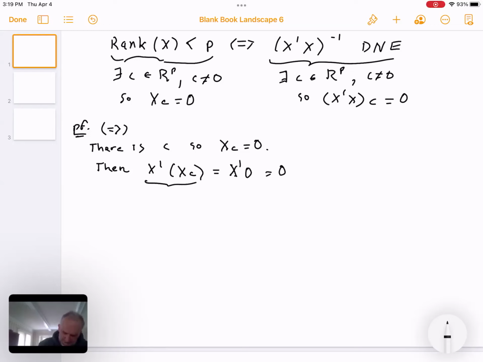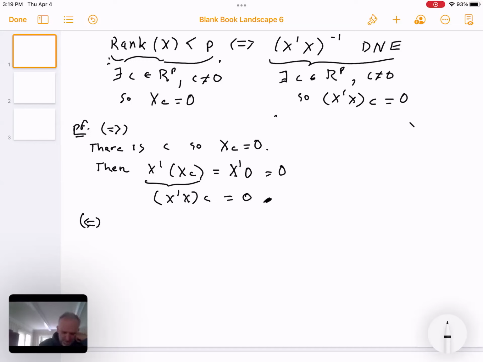But this is equal to X prime X times C equals 0, and you're done. In other words, the same C works. If you have a C where XC is equal to 0, then that same C, if I multiply by X prime X, I also get 0, so you're done. So that one's not hard.